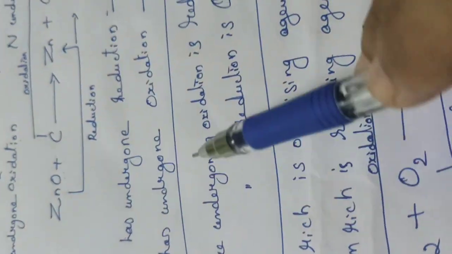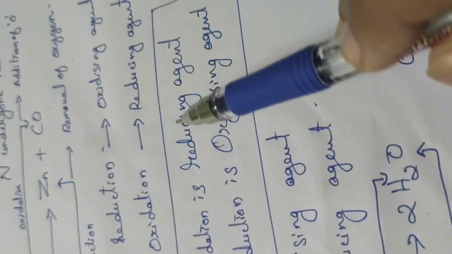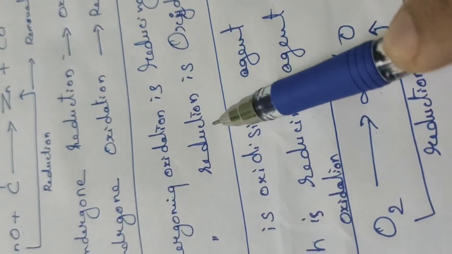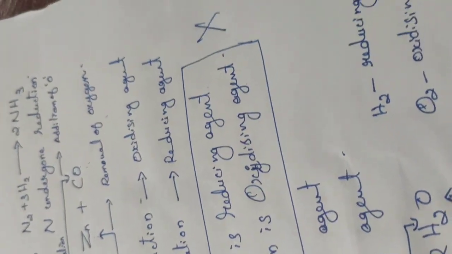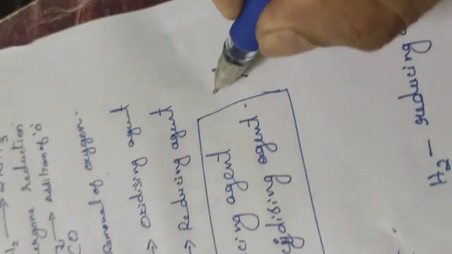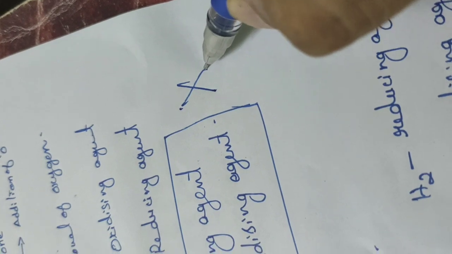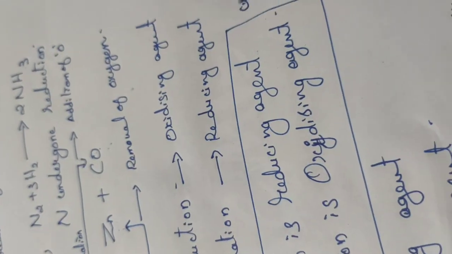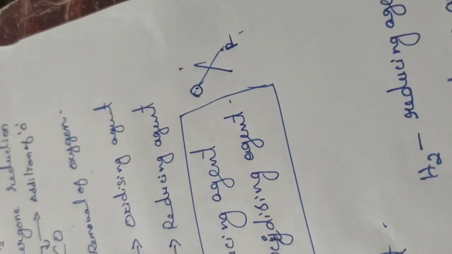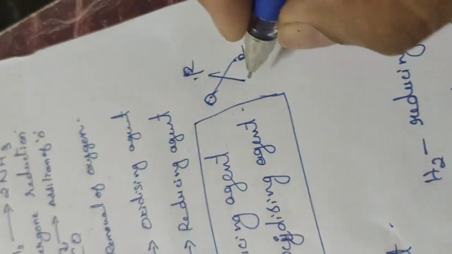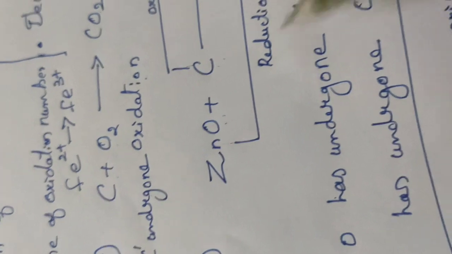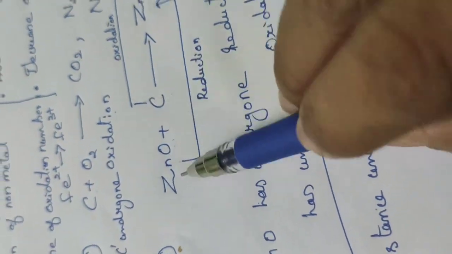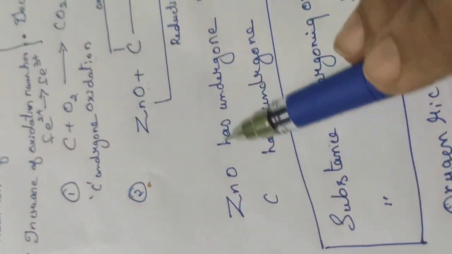Is that clear? Now let us understand another principle here. The substance undergoing oxidation is the reducing agent. The substance undergoing reduction is the oxidizing agent. It is actually opposite. Oxidation happens to the reducing agent, reduction happens to the oxidizing agent. Now you tell me, in this example, who is the oxidizing and reducing agent.